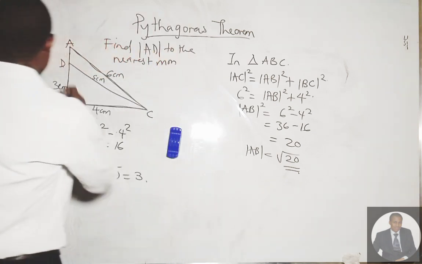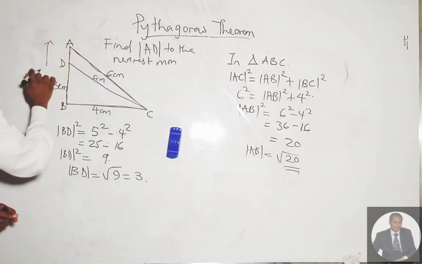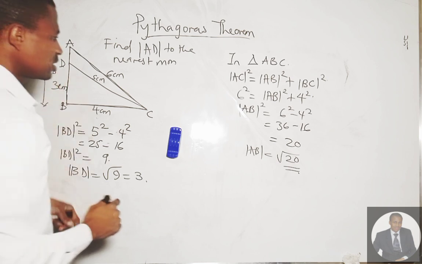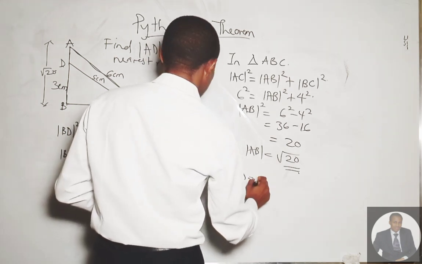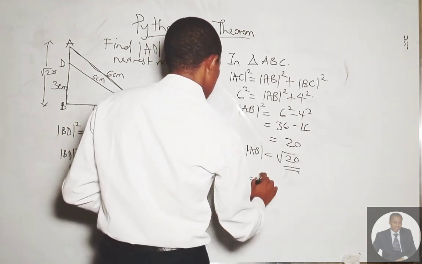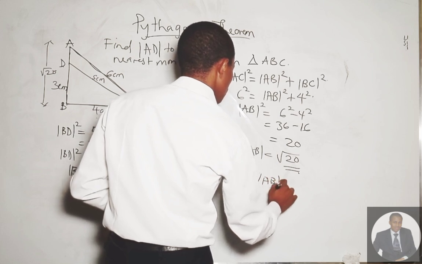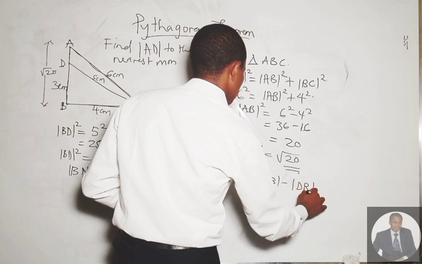Now, so from here to here is square root of 20. So how do we get AD? So AD equals line AB minus DB.